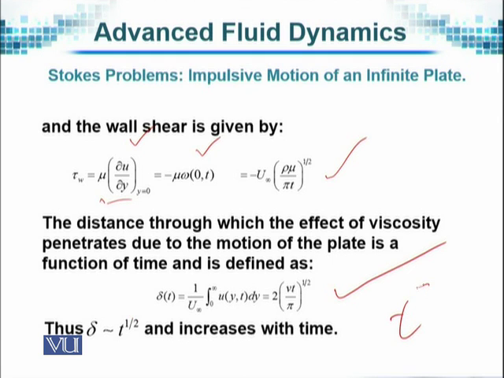It increases with time: if t increases, delta increases, and if t reduces, delta reduces. So these are the important solution aspects of impulsive motion of an infinite plate, or in other words, one of the Stokes problems that he discussed.